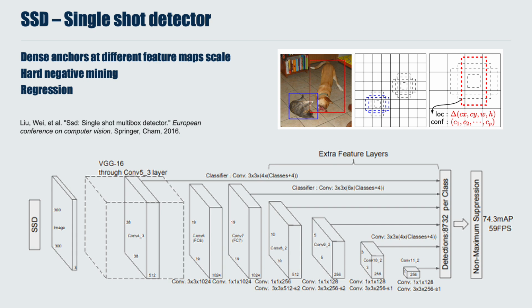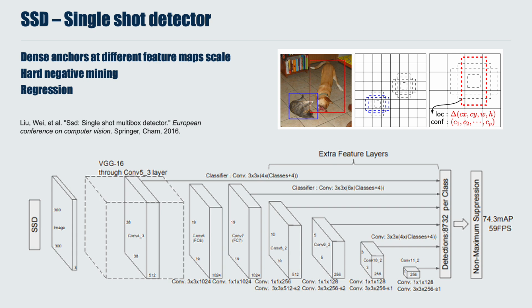So now we have covered mostly all the two-stage detectors, and we'll go into the single-stage detector, the one-stage detector, and this is one of the first ones, called single shot detector, SSD. And in this instance, what happens is that they use again dense anchors, so the same system of anchors at multiple locations, but they do it at multiple scales.